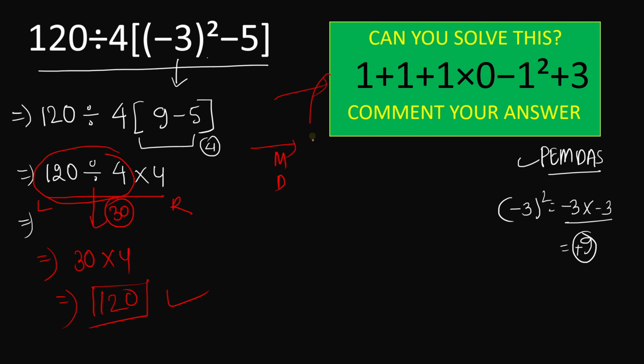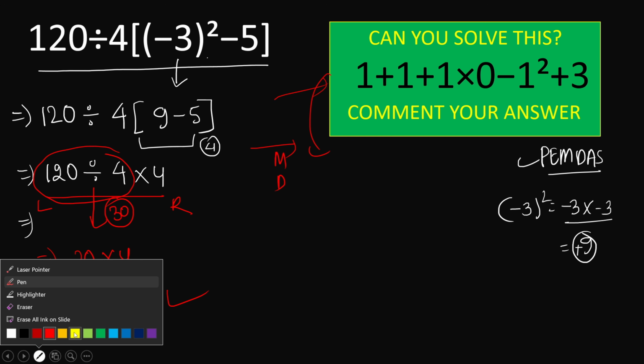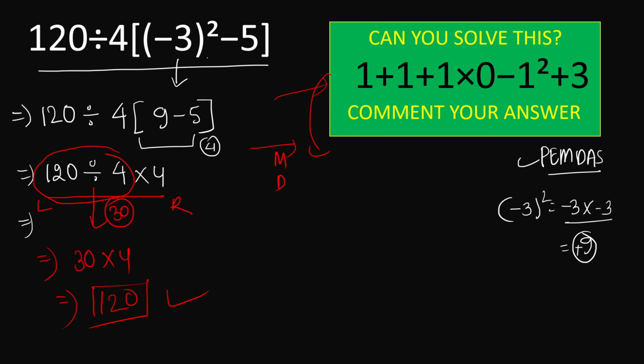And here is the bonus problem. We will solve again: 1 plus 1 plus 1 times 0 minus 1 squared plus 3. So we will solve with a different color. Let's choose yellow. According to PEMDAS, first we have to go for this exponent.